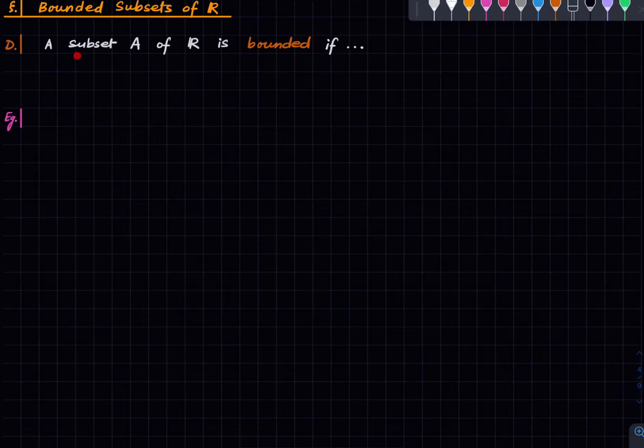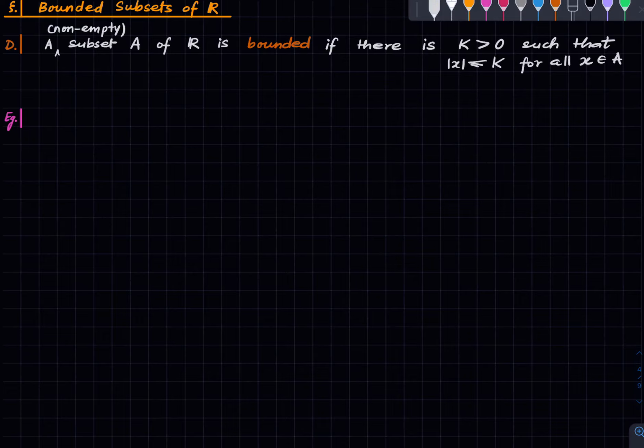So we say that a subset A of R, and when we say a subset, I mean a non-empty subset, is said to be bounded if there is some positive real number k such that this happens. Right?